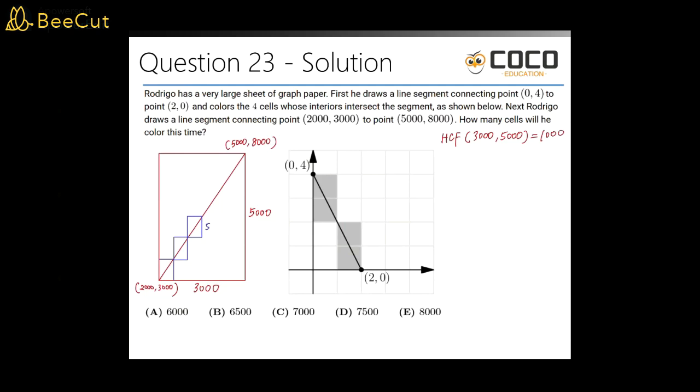The other side will be 3 units. So we just need to check for a 3 by 5 rectangle. Now, how many small squares does it cut through? So let's draw the figure. Three columns, 5 rows.